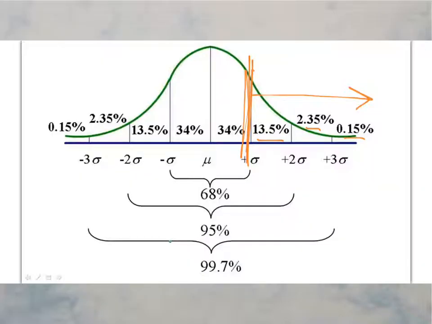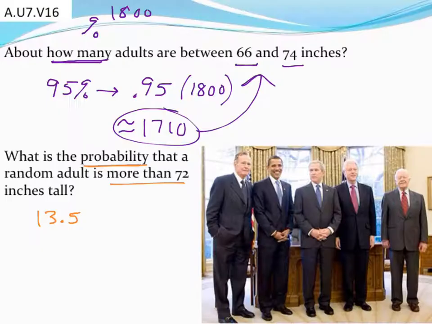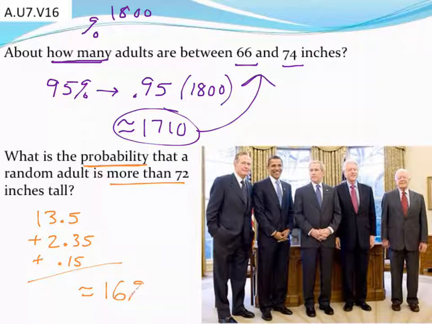I'm just selecting these numbers right here, you probably have those in your notes. So 13.5%, I want to add on that 2.35%, and then finally add on that last one, the 0.15, the very, very small percentage. And I see that the probability that an adult is more than 72 inches tall comes out to be approximately, I always use approximate for these, approximately 16%.